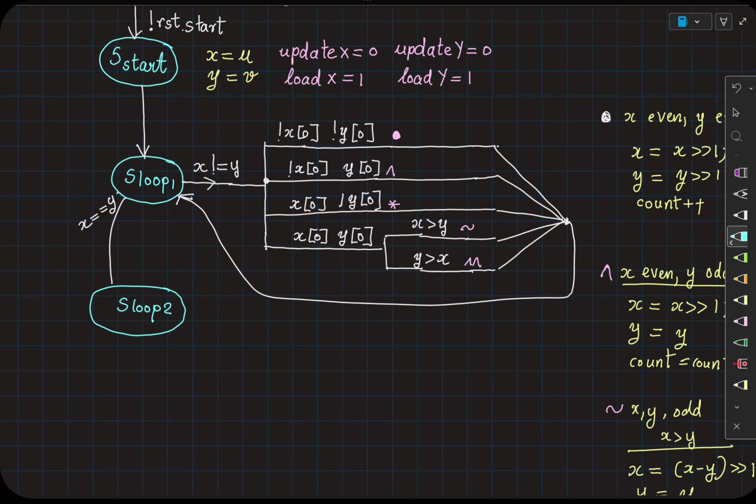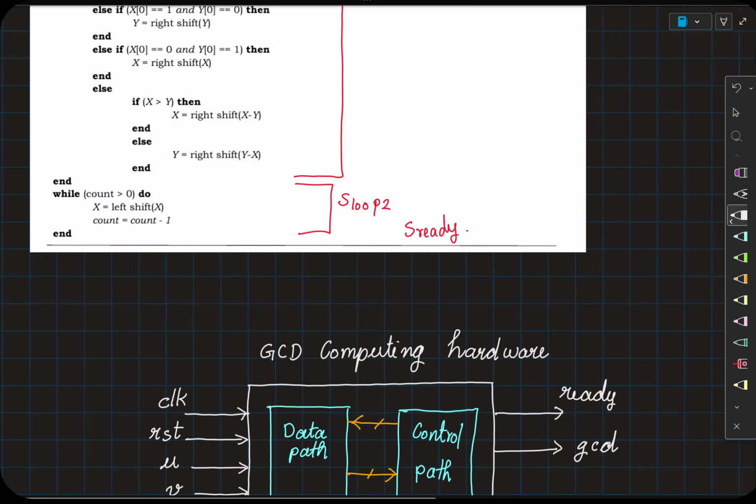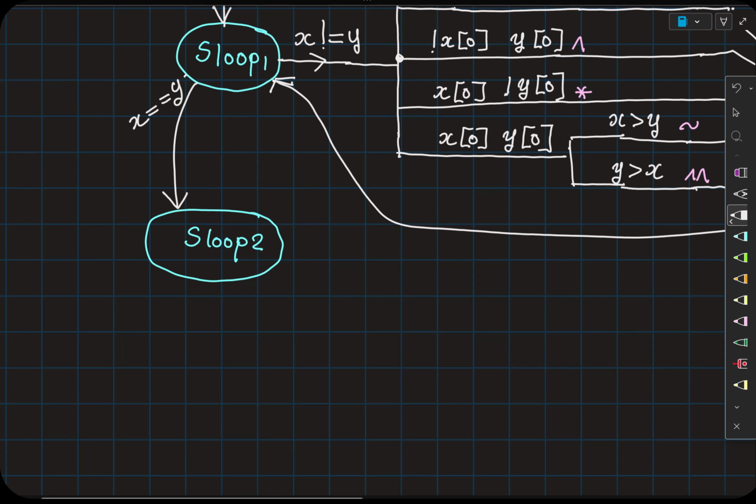Right? And what is the condition we need to check in S loop 2? So in S loop 2, you want to check if count is equal to 0, or if count is greater than 0. As long as count is a non-zero value, you keep left shifting x, and you make your count go low by 1 bit. Okay. So the condition we need to check is, as long as your count is not 0. If your count is not 0, what is the operation you need to do?